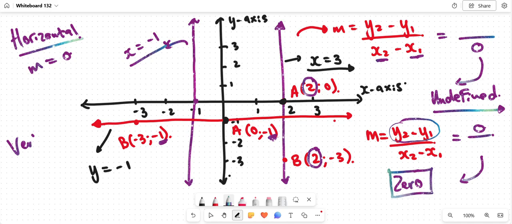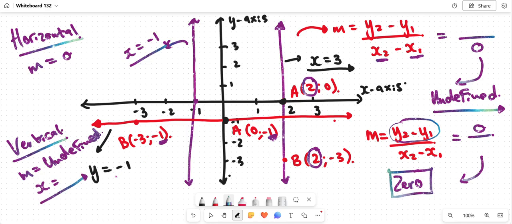The gradient is actually undefined. So even saying it's equal to undefined does not really make sense. It's just undefined. You can't find that gradient. You can't actually solve for it. We call it undefined. But the equation of that line will just be x is equal to whatever point it's cutting your x-axis.